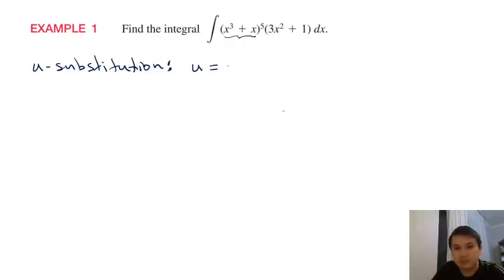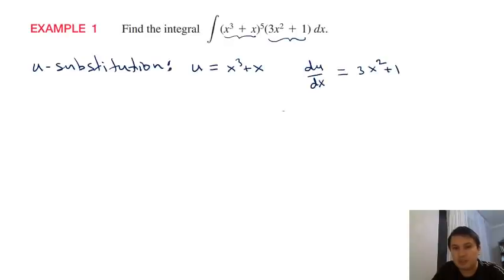Let's try it. Let's take the derivative of this expression, both sides, with respect to x. So you will get du/dx equal to 3x squared plus 1. Well, we are lucky, right?